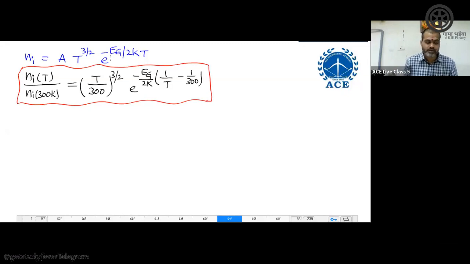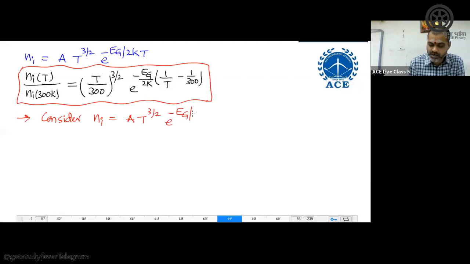Fine. Now let us consider again this equation, and further we can interpret this in a different way. Consider Ni is equal to A into t power 3 by 2 e power minus Eg by 2kT. So apply natural logarithm on both sides.